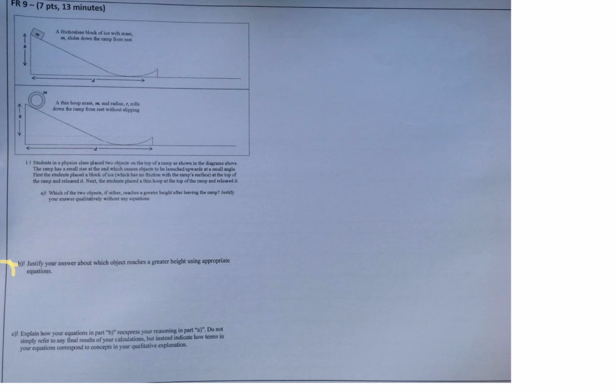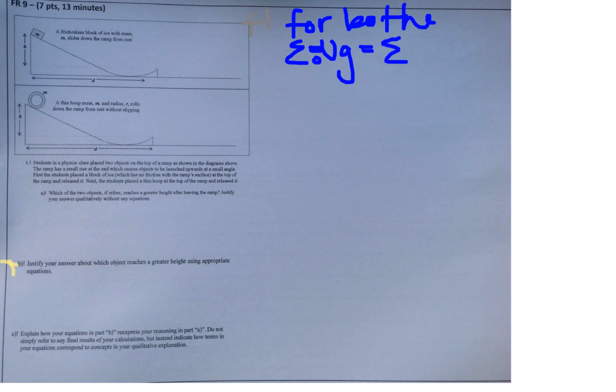So point number 1, this is out of 3. Point number 1 is for indicating that in both cases the energy, and specifically the potential energy that you start with, is the same and it's conserved.